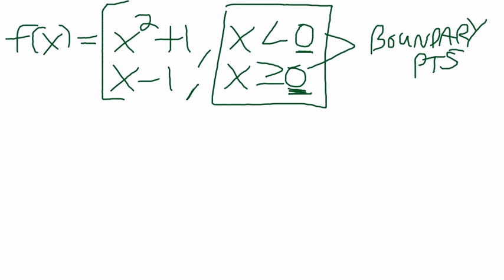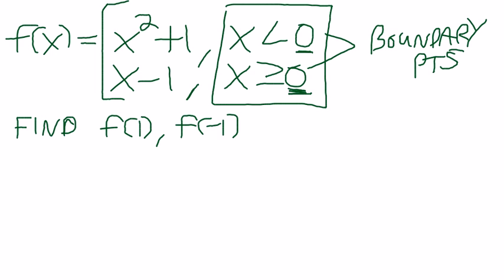Alright, now for this, we're going to find the function of 1, function of negative 1, and the function of 0. So as I said before, we're not going to graph these, we're just going to evaluate. Now to do function of 1, all we're doing is asking where do I plug 1 in? 1 is the x.